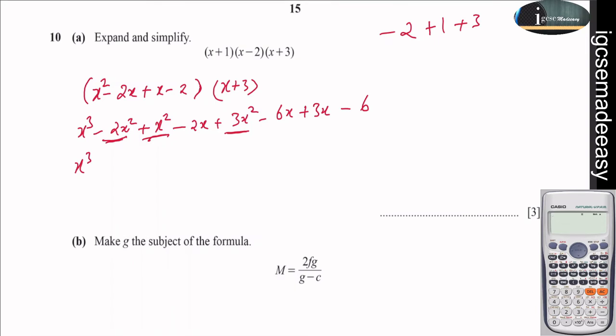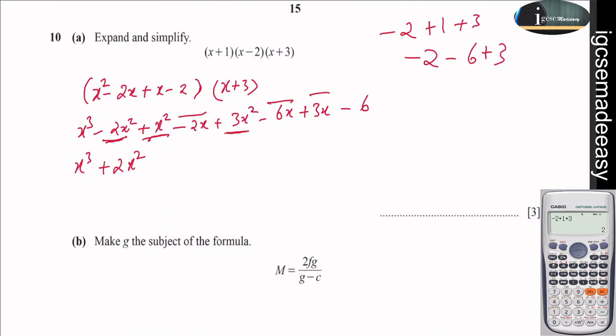So minus 2 plus 1 plus 3 gives 2, so plus 2x square simply. Then we have minus 2x minus 6x and plus 3x.